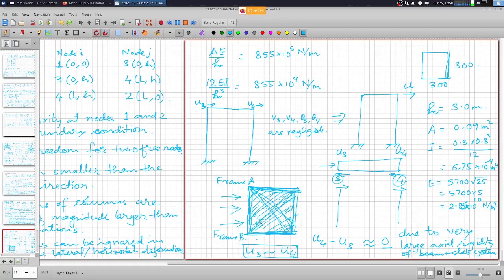When you ignore all axial deformations of this slab, that can only mean that under the influence of these lateral loads, whatever deformation frame B undergoes, frame A will also undergo the same deformation. So UA and UB are going to be equal.